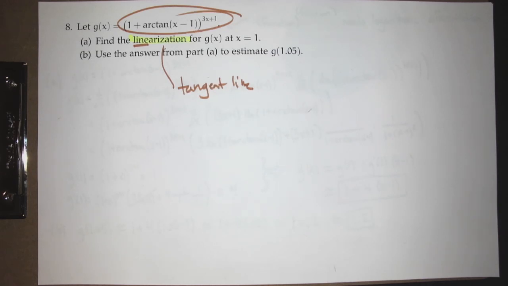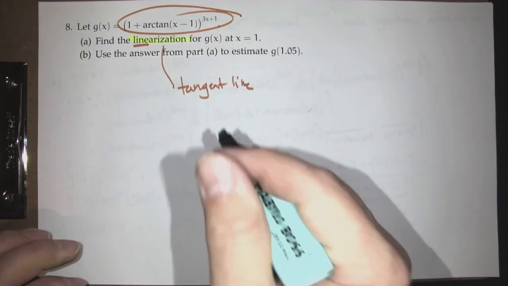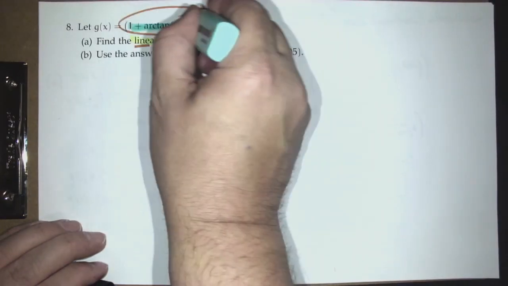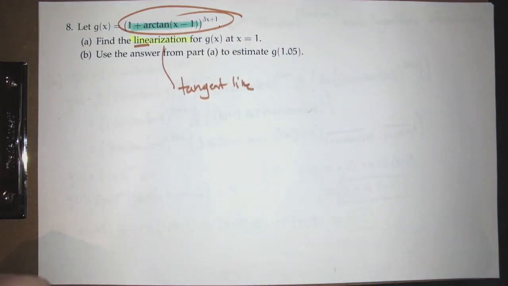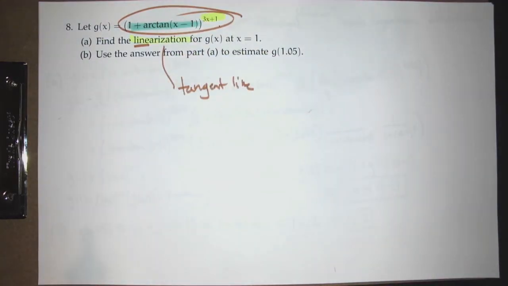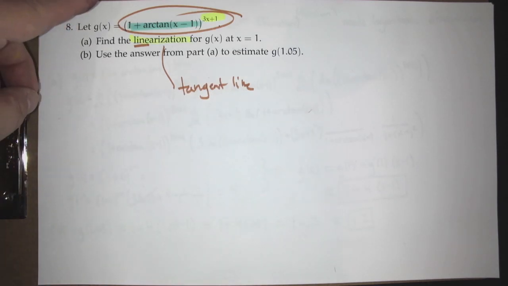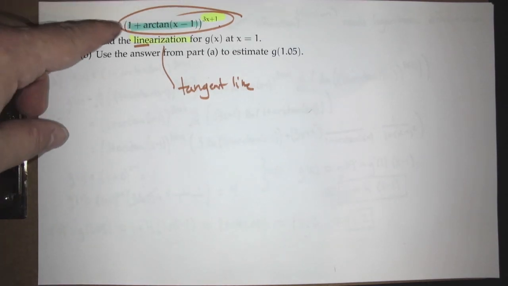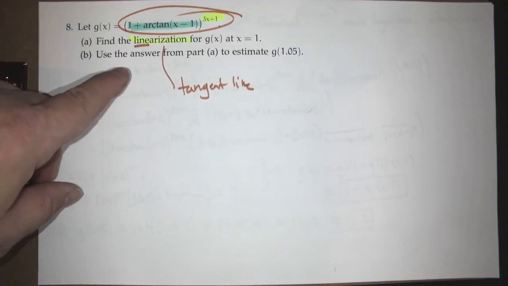Why are you forced? Because you see an x downstairs and you see an x upstairs. When you see an x in both places, there's no choice. Logarithmic differentiation is the way to go. So, we're testing on logarithmic differentiation and linearization.